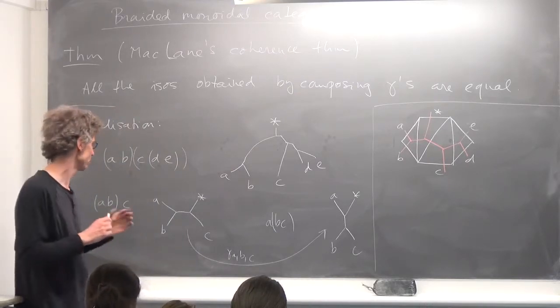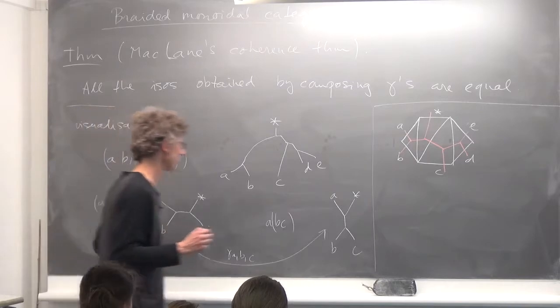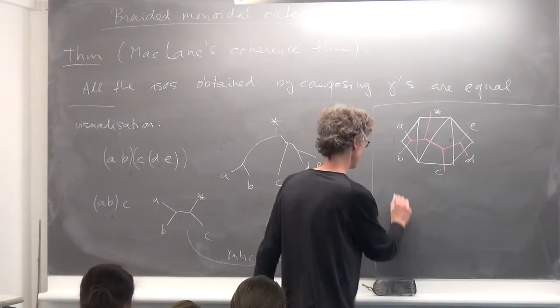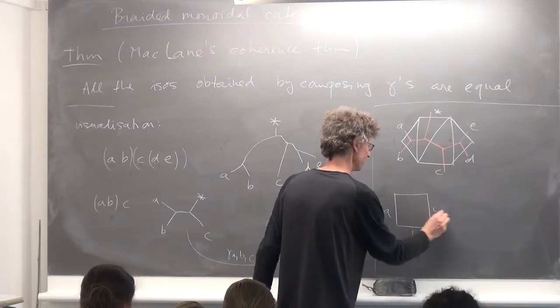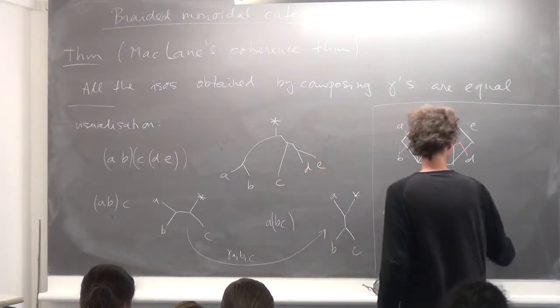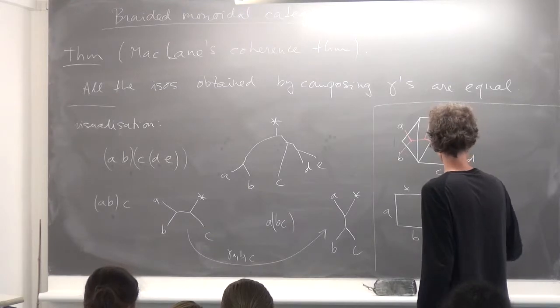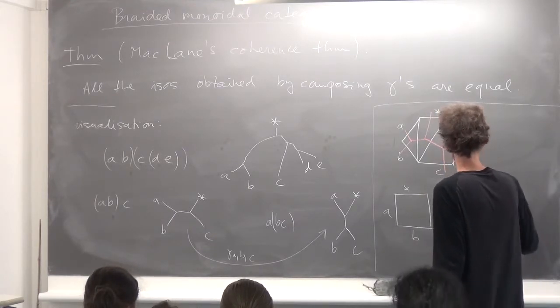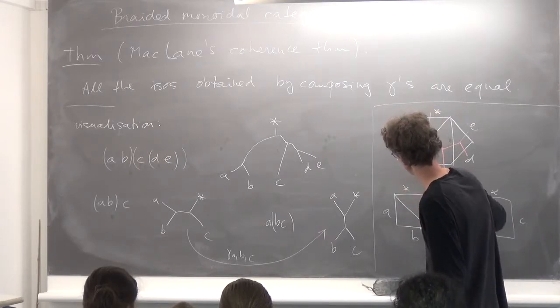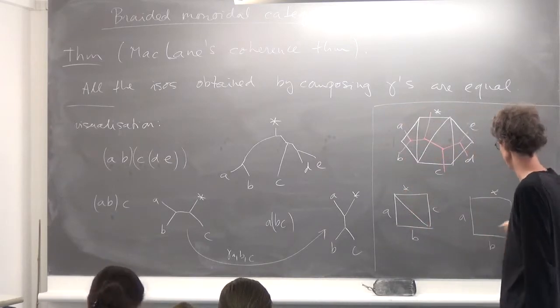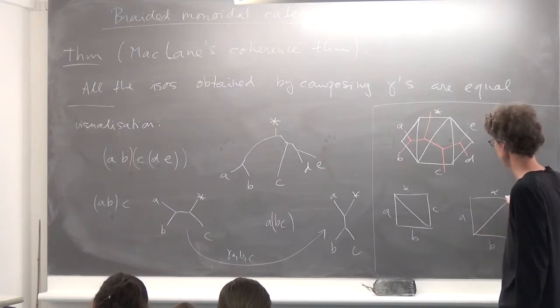And in this language, what is this simplest thingy? It's like A, B, C, star. When we have first multiplication of A with B, it is this, and when first multiplication of B with C, it is this.